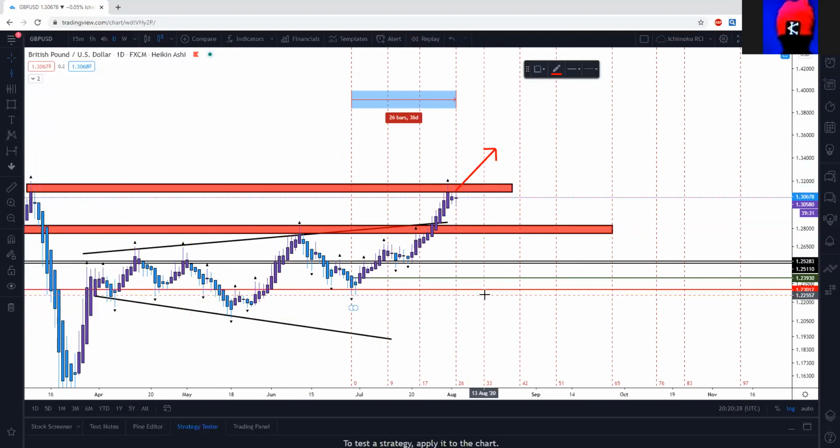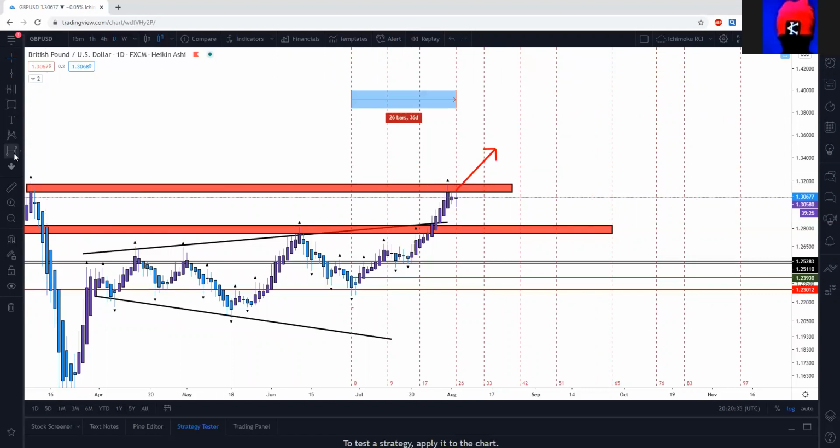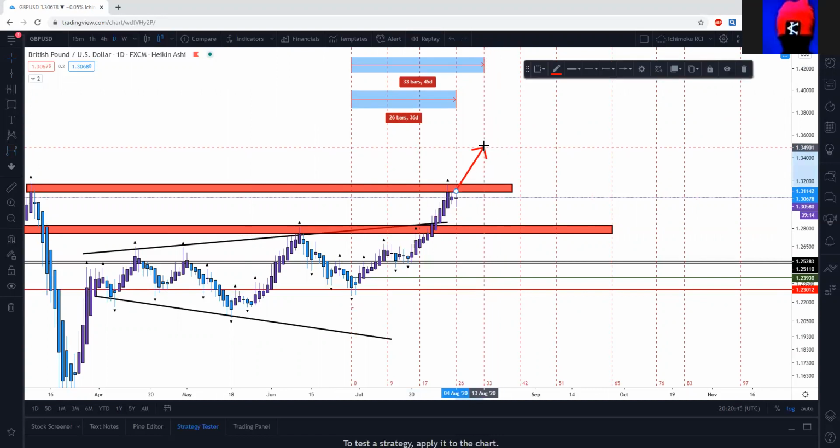Right here, this is day 33. Actually, I'm going to get rid of that line. Boom, right there, day 33. Perfect. So the market will either extend to the next level up or extend down to day 33 to the next level. So it may come here or it may come here.